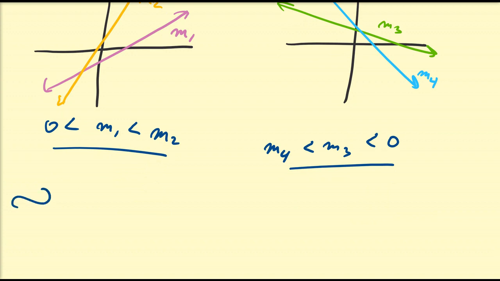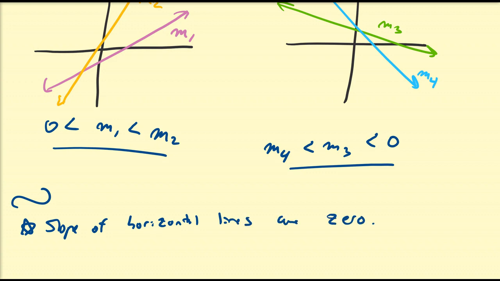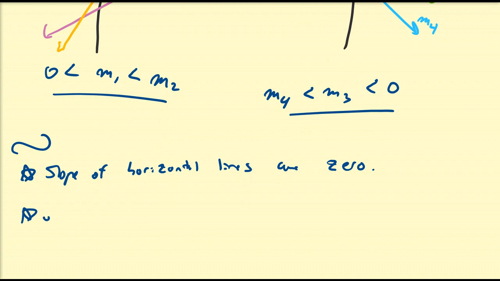And there's 2 special cases, of course, that you need to remember: the slope of horizontal lines, I mean. So the slope of horizontal lines are 0. Another property that you should come away with: the slope of vertical lines do not exist.